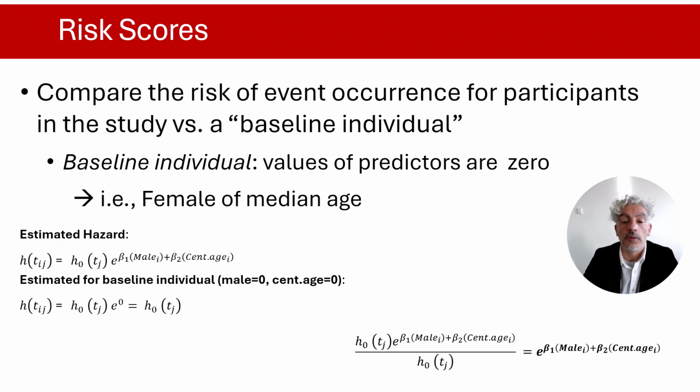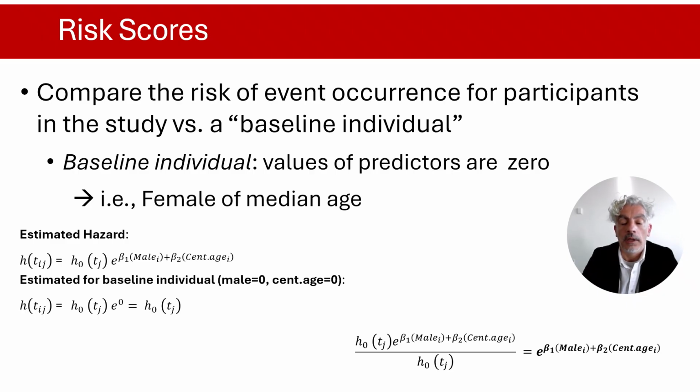Here I'm going to use the same data set I've used before. So this is the lung cancer patients data set from the survival library in R, and the event of interest is the death of patients, measured in days.